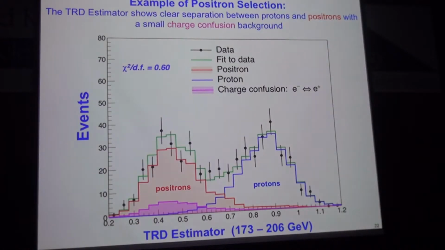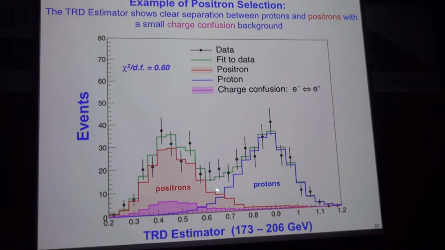An example of the analysis goes as follows. After we apply the ECAL estimator, we select the electromagnetic shower, and these events are put into this TRD estimator, the transition radiation estimator. The black points show the total data, and the blue line is the proton distribution, which I have shown earlier.